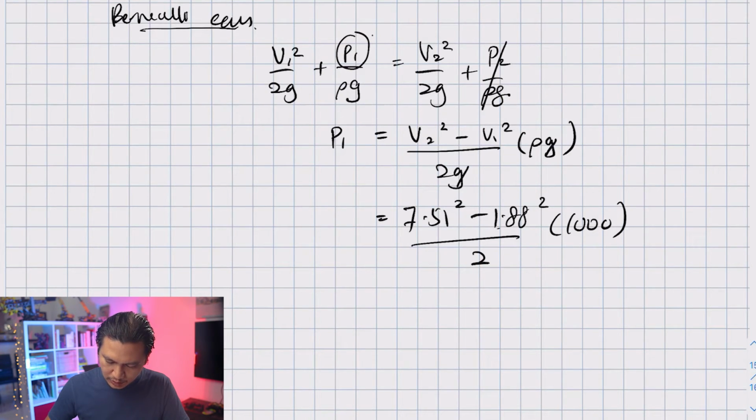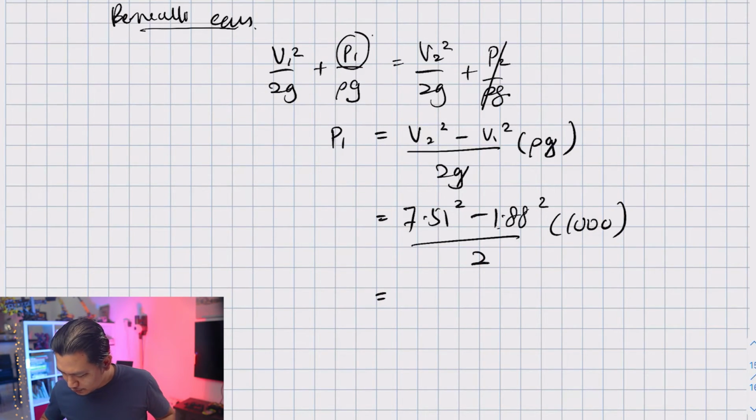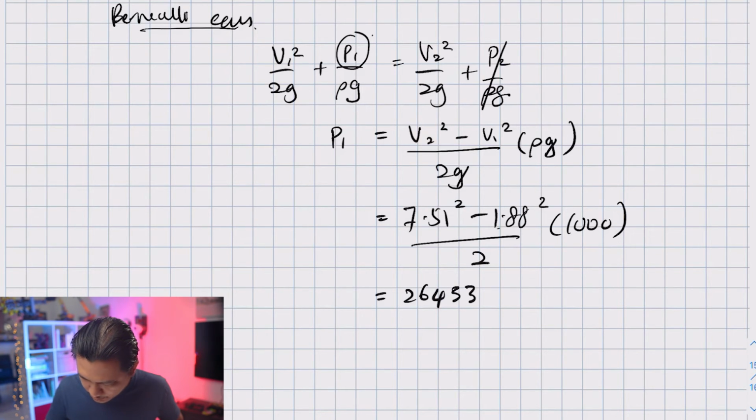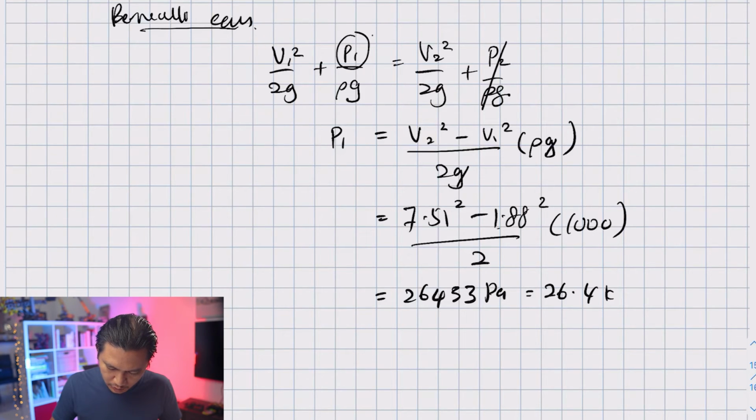So our P1 is equal to 7.51 squared minus 1.88 squared divided by 2 times 1000. And you have here 26433 Pascal, or simply 26.4 kilopascal.